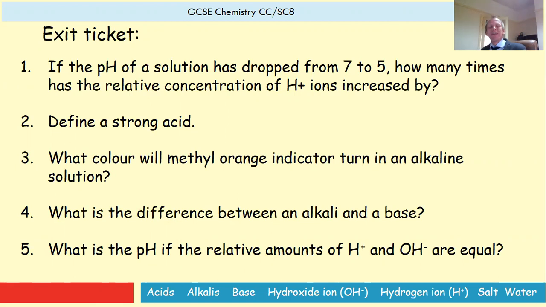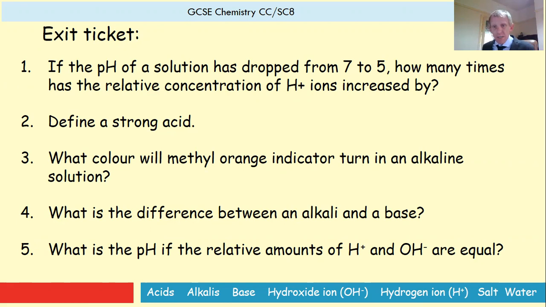Okay, guys, well done for having a go. This is, as I say, the last few moments of the lesson. We're just going to quickly spin through these answers and make sure you've got the correct ones. So if the pH of a solution has dropped from 7 to 5, how many times has the relative concentration of hydrogen ions increased by?